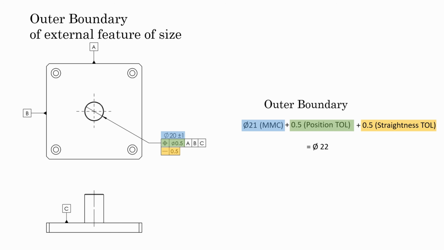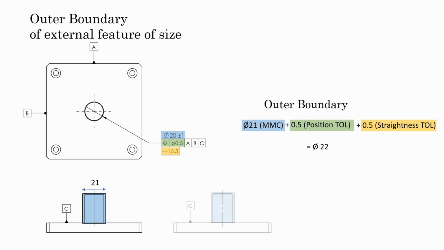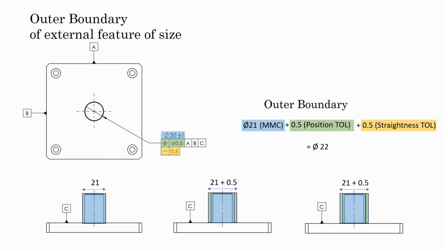What it actually means is, in this worst case scenario, this pin size can be at MMC at 21 mm, and at the same time this pin can have maximum offset position from nominal position by 0.5 mm in any direction, and at the same time this pin can also be bent by the maximum allowable straightness deviation of 0.5 mm.